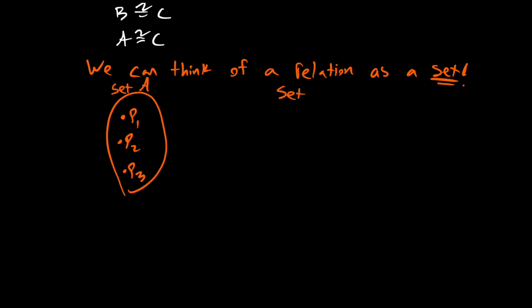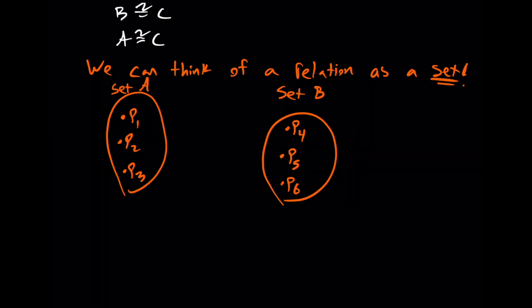And let's say we have set B, and it contains person 4, person 5, and person 6. Both sets are filled with objects, and we can relate particular members of one set with particular members of another set.